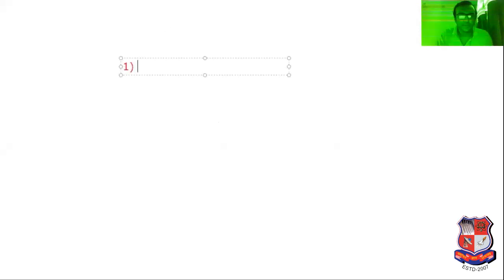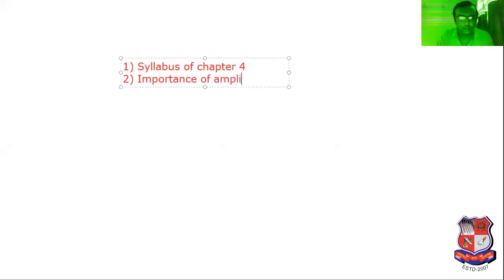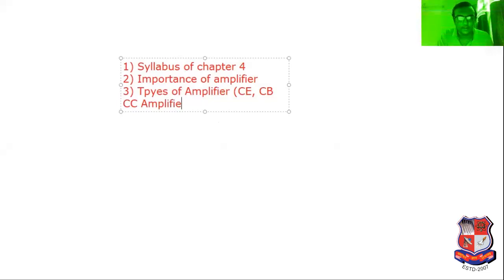First of all, syllabus of chapter 4. Second, importance of amplifier. Third, types of amplifier: common emitter, common base, common collector amplifier. And fourth, base biased amplifier.